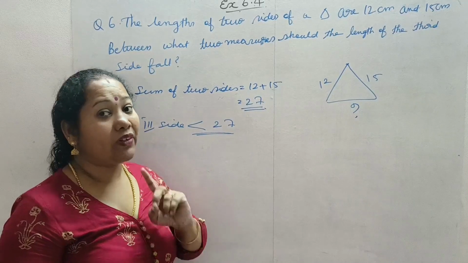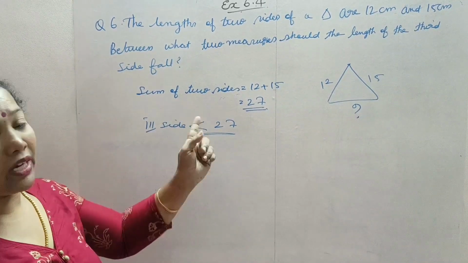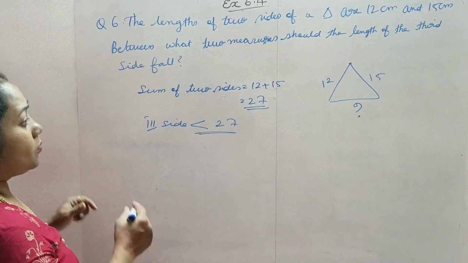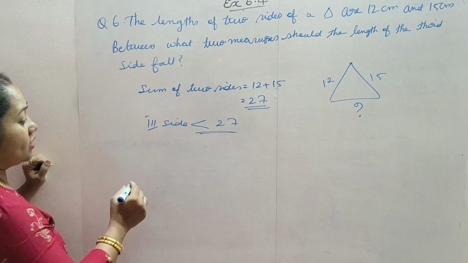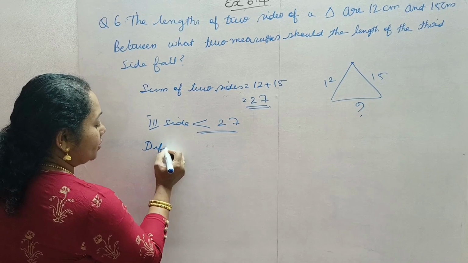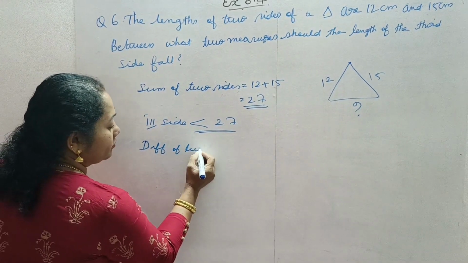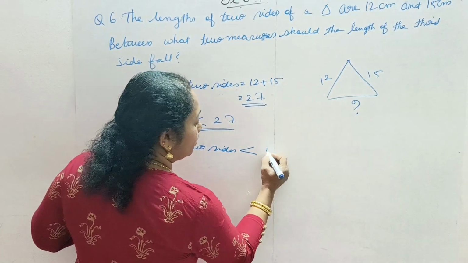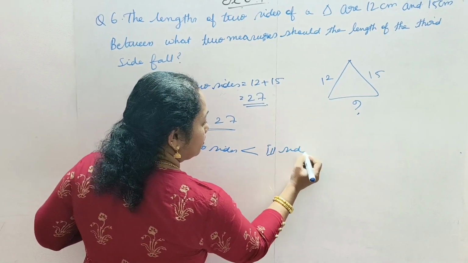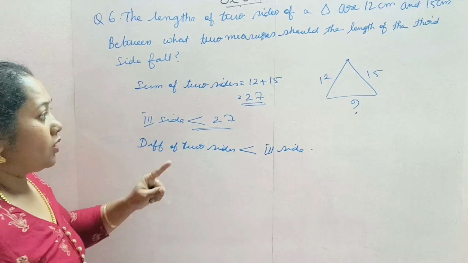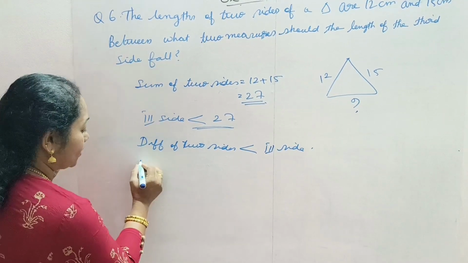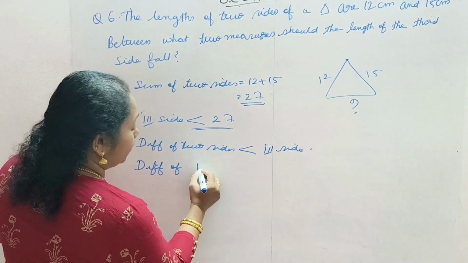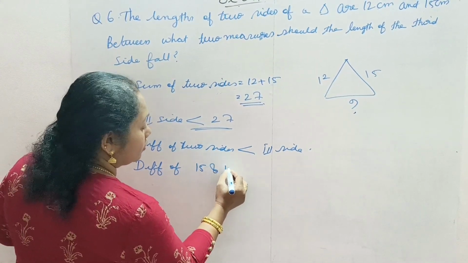Now the same thing with difference. The difference of two sides is always less than the third side. Just like the sum of two sides is always greater than the third side, the difference of two sides is always less than the third side. Let us find the difference of 15 and 12.